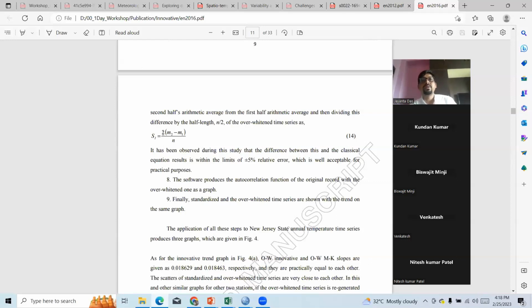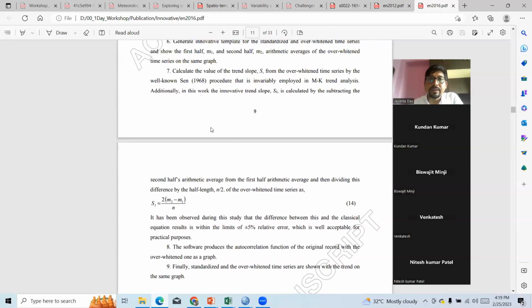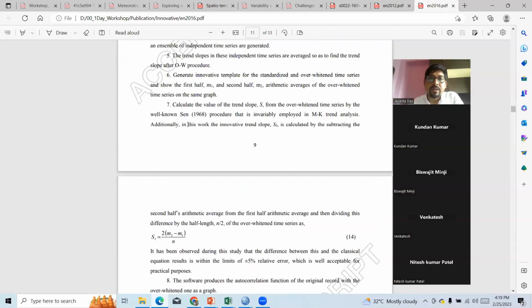S means what? 2 times M2 minus M1 divided by N. N means what? N means the half length. See, N by 2. Okay. So in this work, the innovative trend slope S is calculated by subtracting the arithmetic average of the first half from the arithmetic average of the second half.